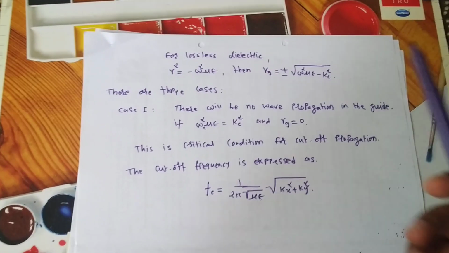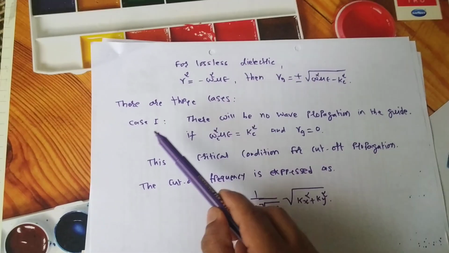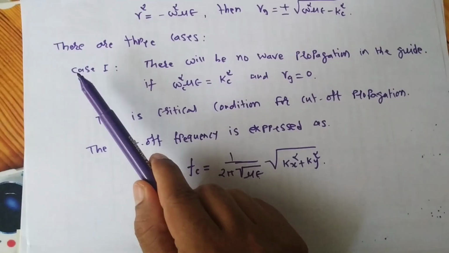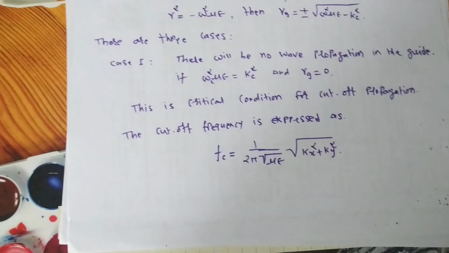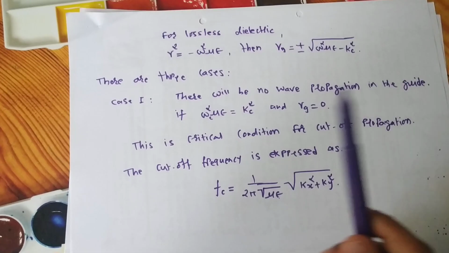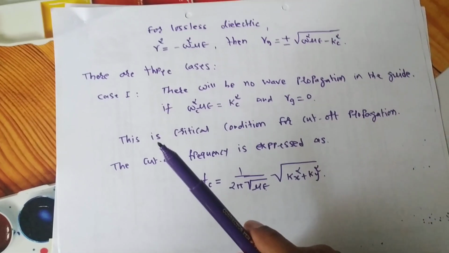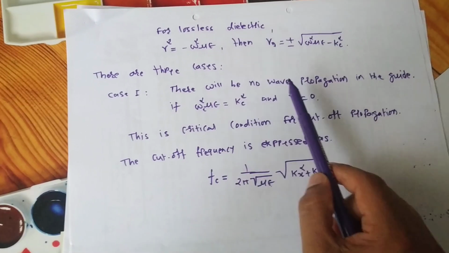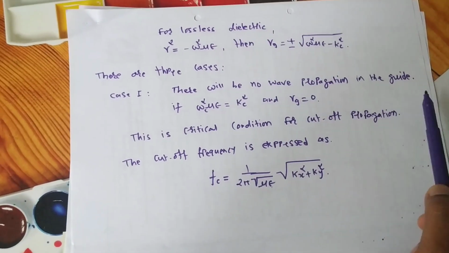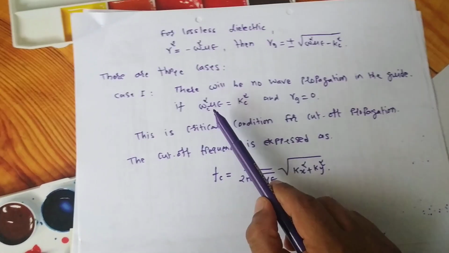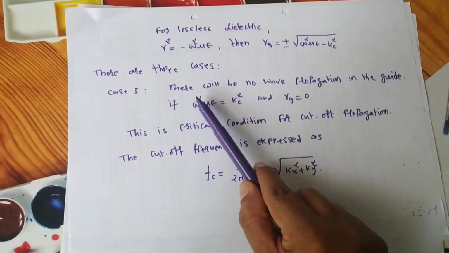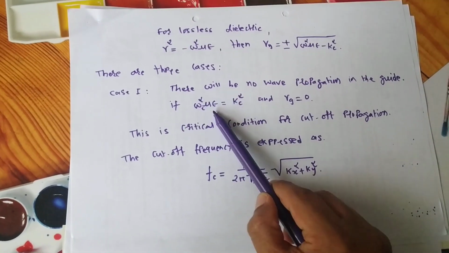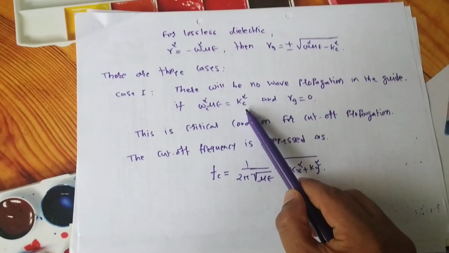Case 1: there will be no wave propagating in the guide if and only if omega c square mu epsilon becomes equal to kc square.